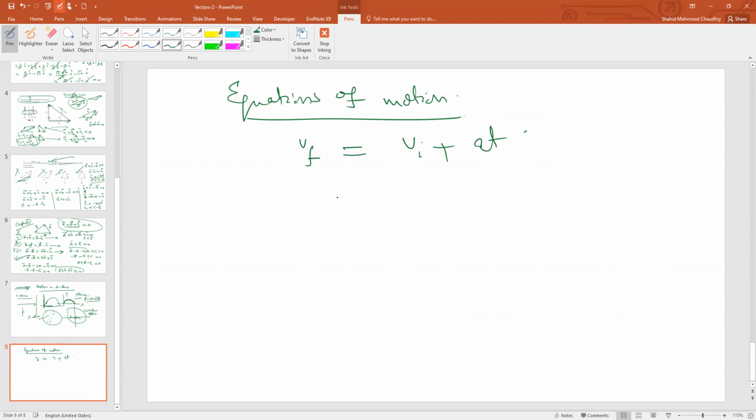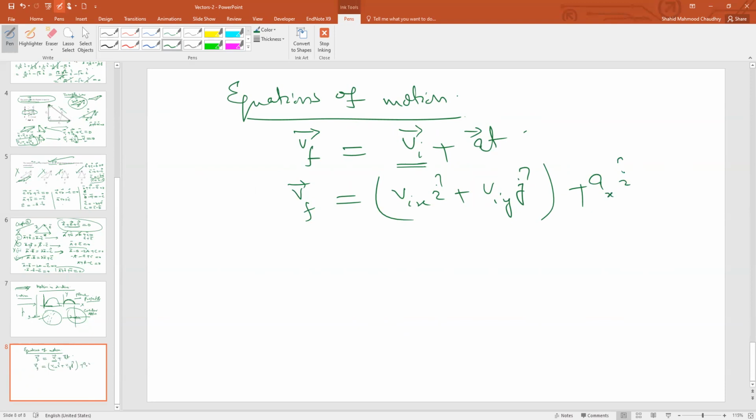In 2 dimensions, you can write VIX into I unit vector plus VIY into J unit vector, plus A. This is a vector, this is a vector, this is a vector. So you can write it as AXI plus AYJ into T.